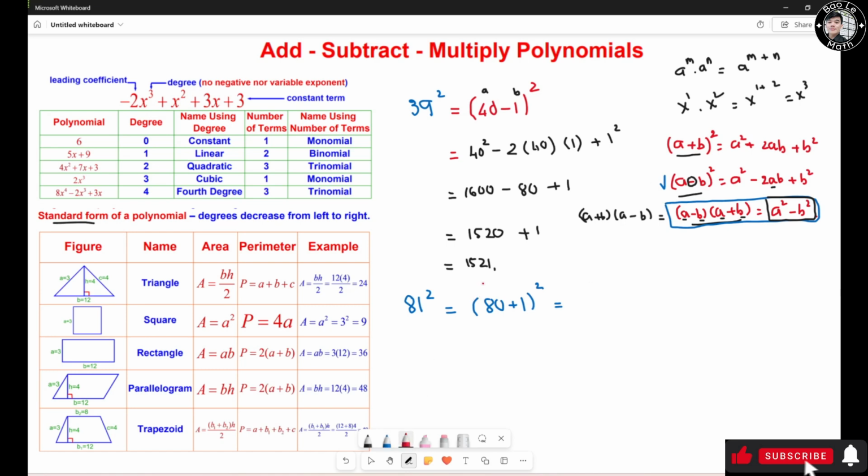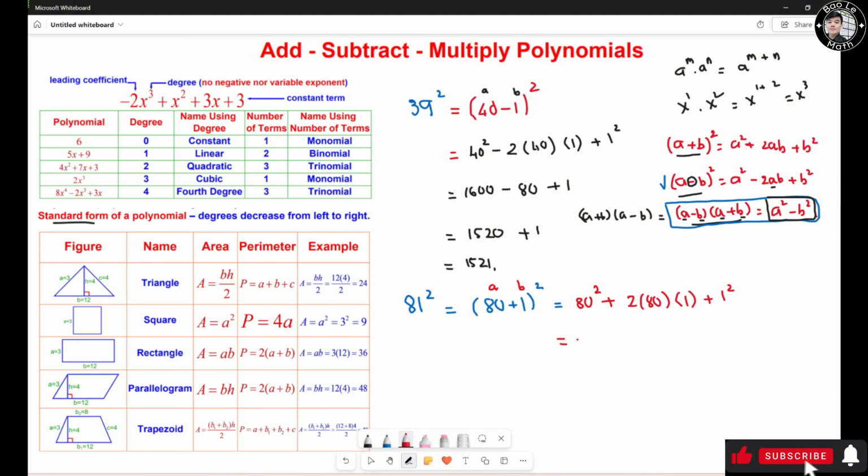So I'm going to identify a and b. So a equals 80, b equals 1, right? So I have a squared, which means 80 squared, plus 2 times a, which means times 80, times b, which means 1, plus b squared, which means 1 squared, right?